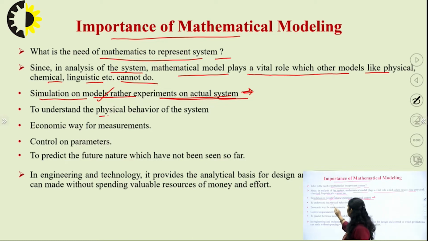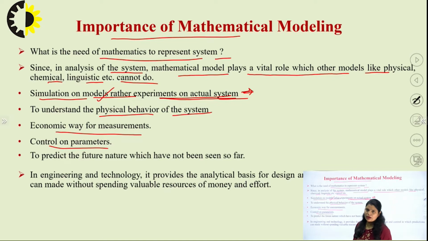To understand the physical behavior of a system, or the different activities which are involved in a system, we can also use mathematical modeling. It is an economic way of measurement. We can control the parameters also. How will we control the parameters?